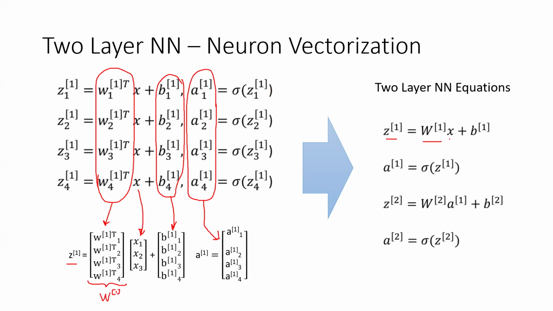And W1X, you know what X is, right? This is the X. And then this is the bias vector for the first layer, the vector that we have just found, which is B1.